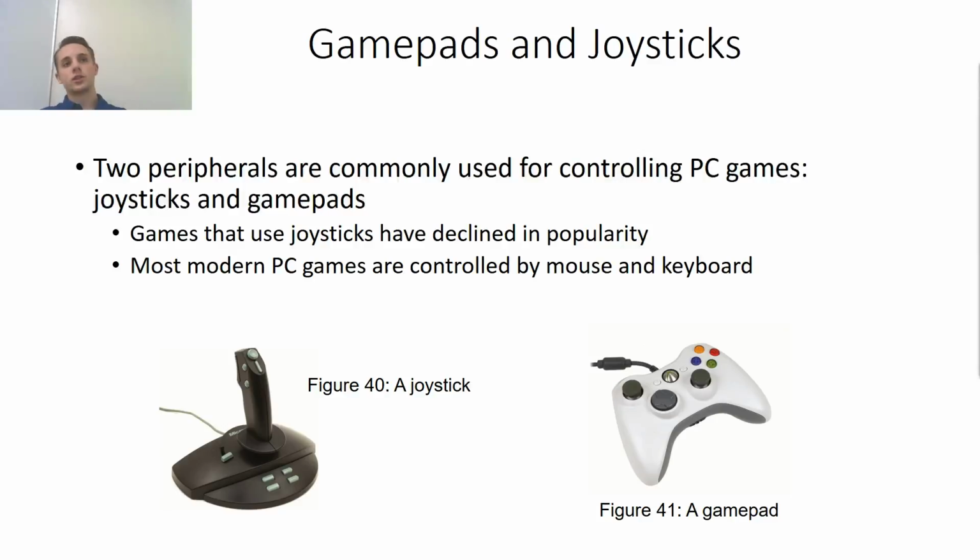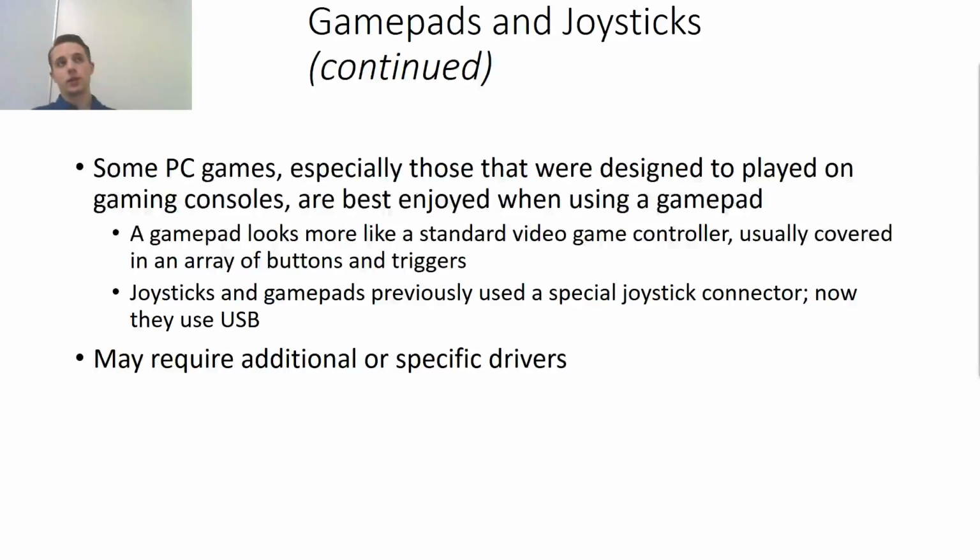Example of joysticks or gamepads. Originally they had sound cards that had game ports built in that you could use. Now they're basically USB. You won't really find them with that port anymore.